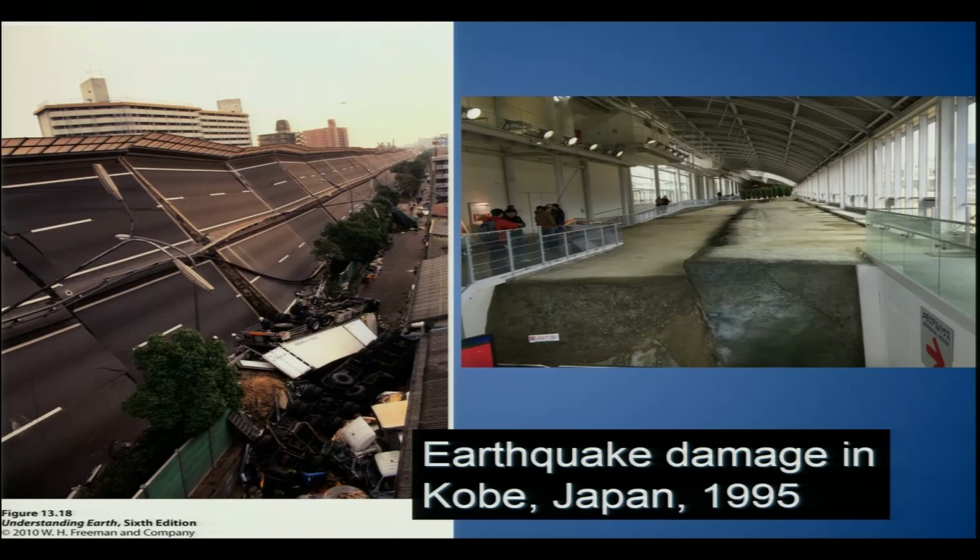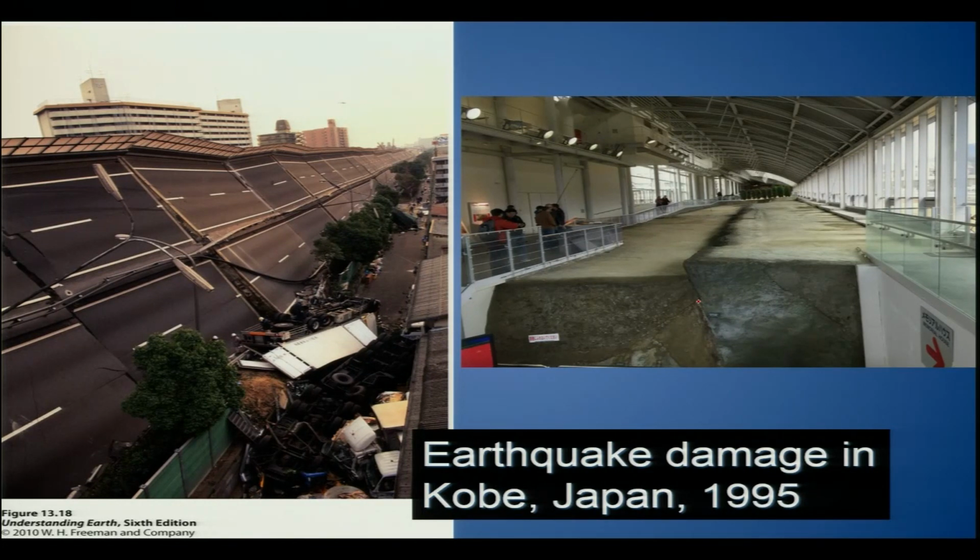I'll give a small lecture on particularly the damage pattern, and we will also talk about the rupture pattern, the surface rupture or surface manifestation, which was caused by the 1995 Kobe earthquake, in one of the lectures.